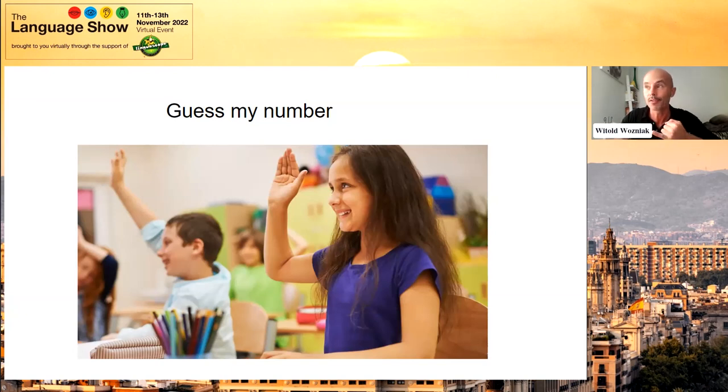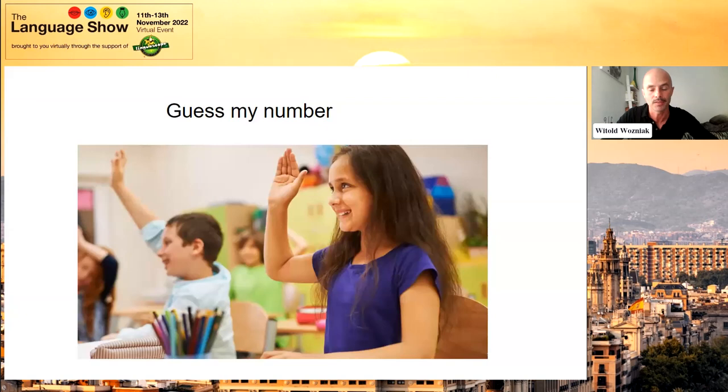So they forget they speak in the target language, and I understand, especially the older they are, the more self-conscious they become about maybe mispronouncing things. But actually, when they play this game, they kind of forget about it, because they want to guess what you wrote on the board. So it's great for numbers, days of the week, you can write even sentences, because you can say, okay, I'm expressing an opinion about a school subject, and you have to guess what subject it is.